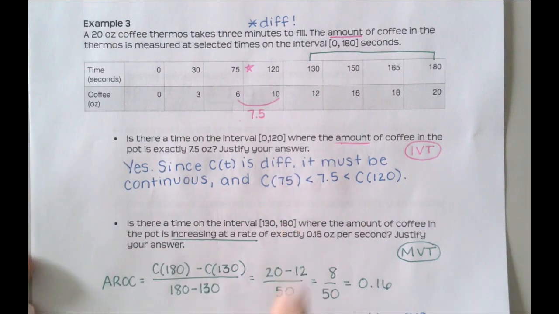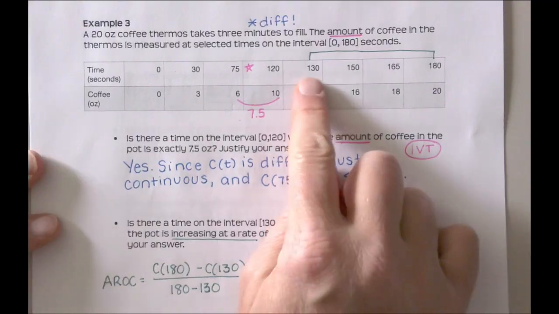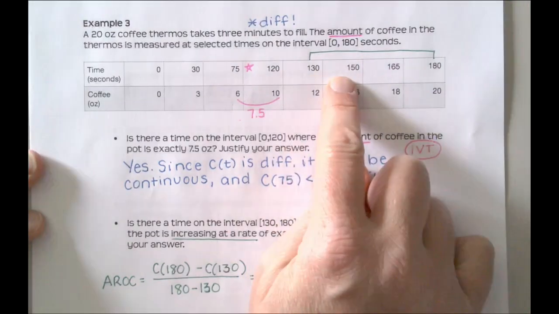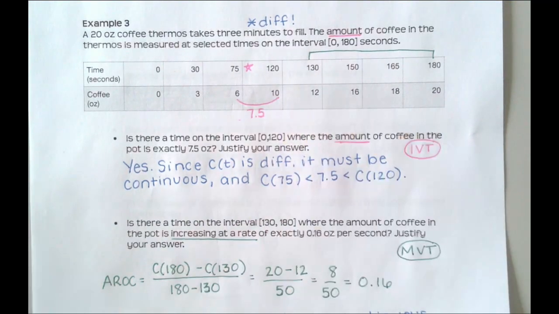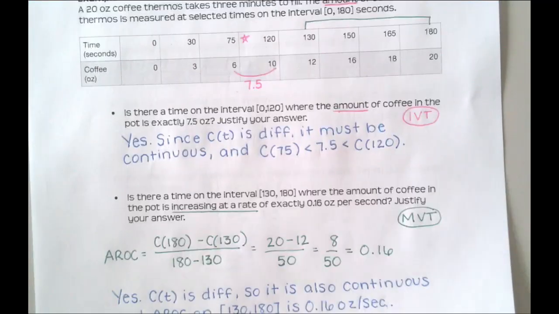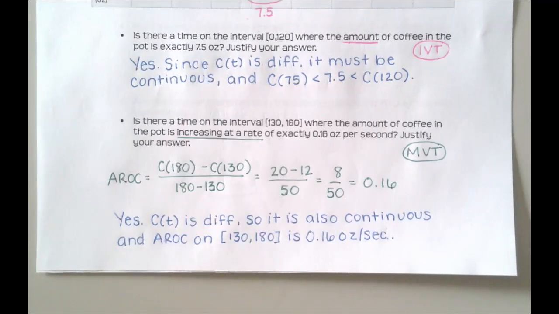The reason that worked is like that answer that we got, that average rate of change, it might not have been the derivative right at 140, but it was definitely the derivative somewhere between 130 and 150. And so that's why that estimate works, is we were saying that's close enough to 140, that derivative has to exist in there someplace. Okay, so that's about it for MVT.